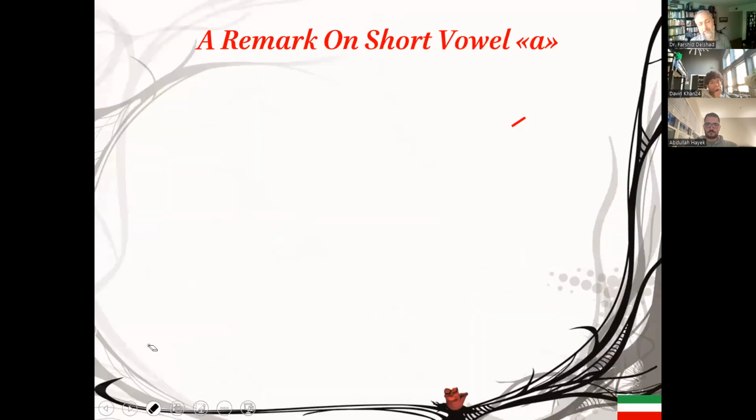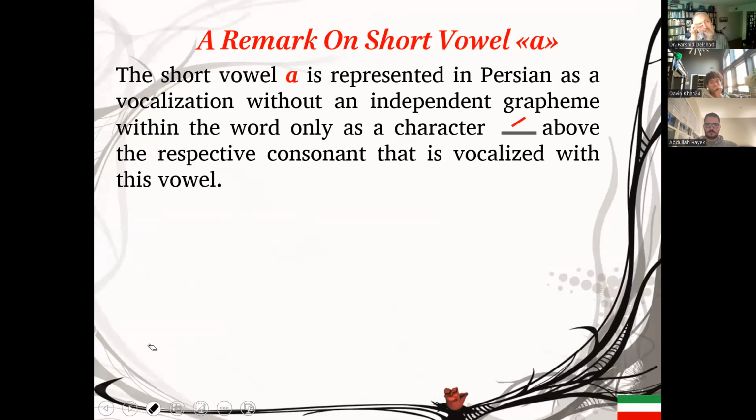Another thing you have to know is that this short vowel A in Persian is symbolized by this sign, which in Arabic is called fatha. In Persian we call it fatheh, or zebar, the pure Persian word.